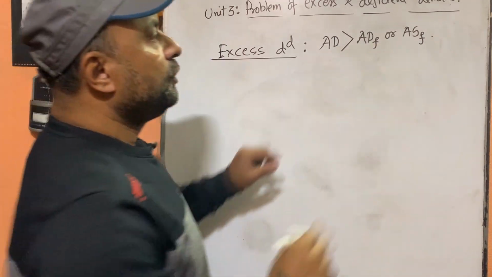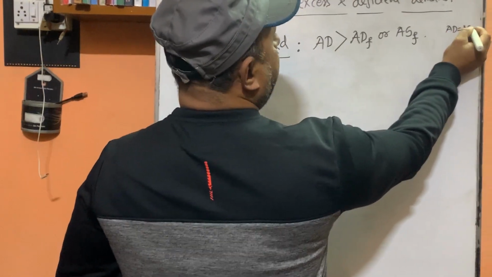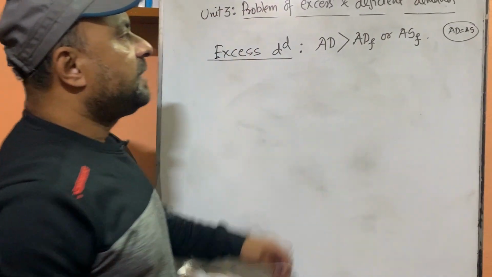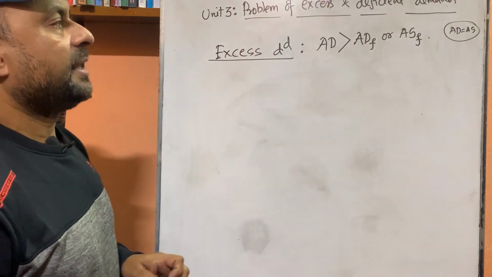Because at full employment, as we learned in the earlier unit, AD and AS are both equal. So if the country's present demand becomes more than that level, then there is excess demand in the economy.